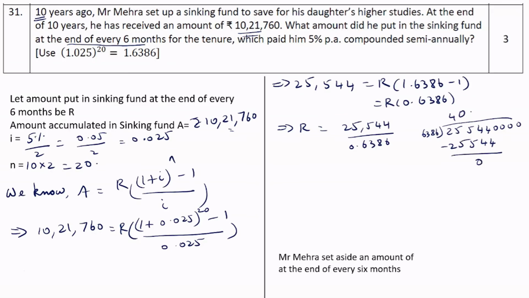The answer is 40,000. Therefore, R is equal to rupees 40,000. So Mr. Mehra set aside an amount of rupees 40,000 at the end of every 6 months. Here writing what is given and the formula carries 1.5 marks. Then substituting the values, doing the calculation and writing the final answer carries 1.5 marks.